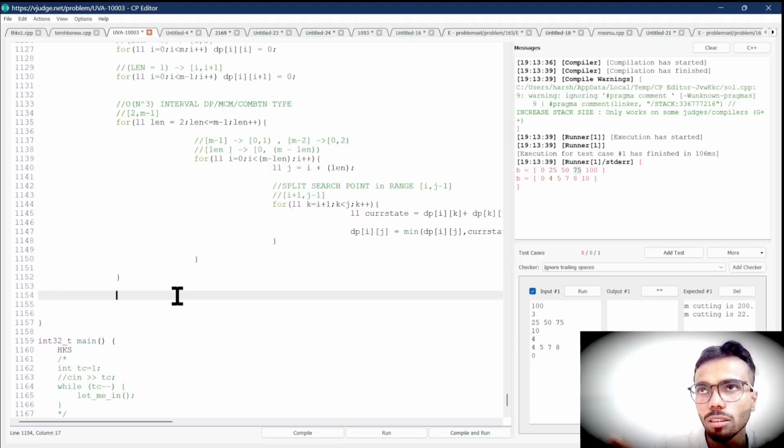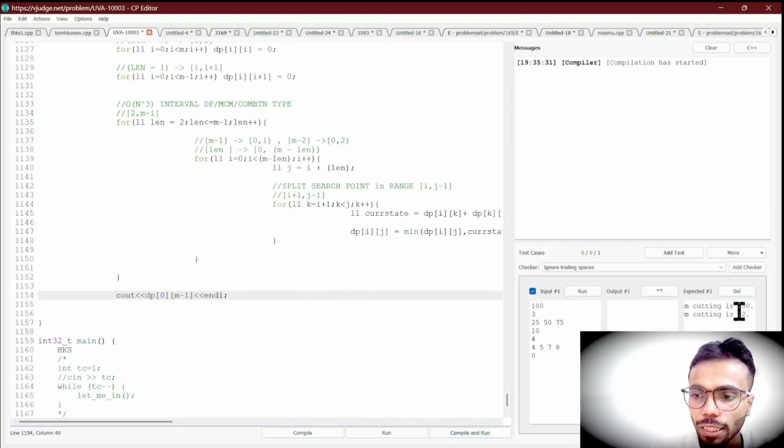So I need to find the cost to perform all cuts in this interval, 0 to m minus 1. I just need to print dp 0 m minus 1. This is representing the cost. Exactly. So let's check whether I am getting these values or not.